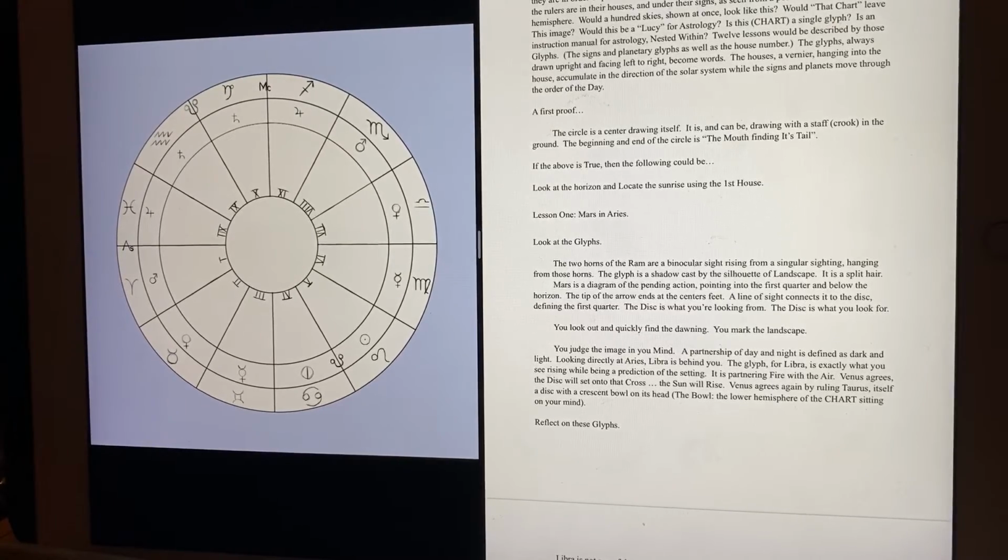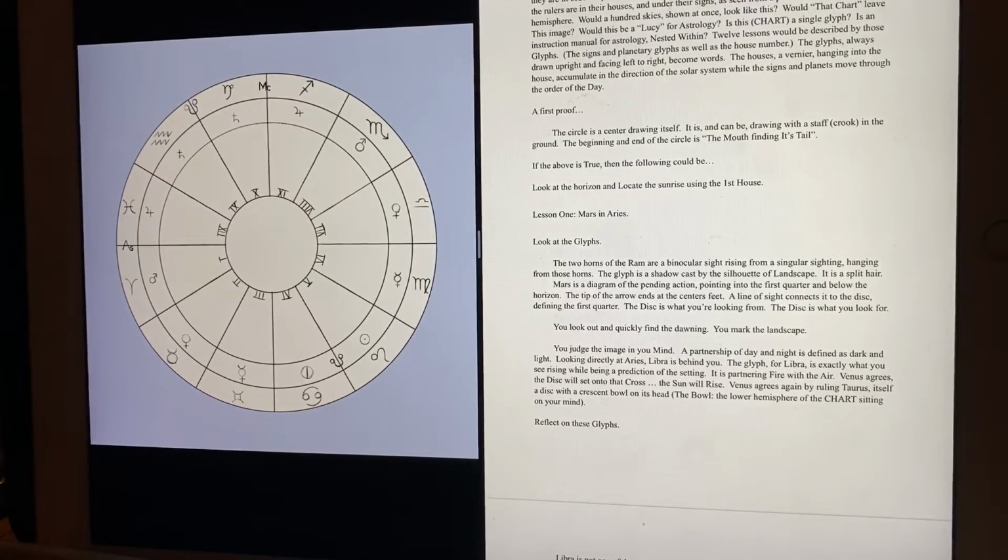It is and can be drawn with a staff or crook in the ground. The beginning and end of the circle is the mouth finding its tail, the Ouroboros. If the above is true, then the following could be.